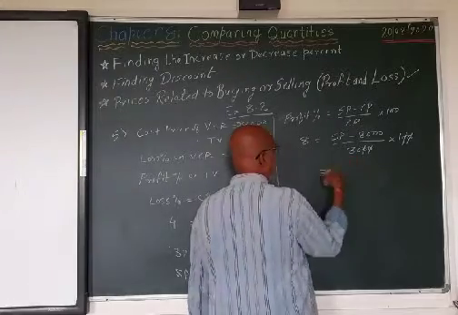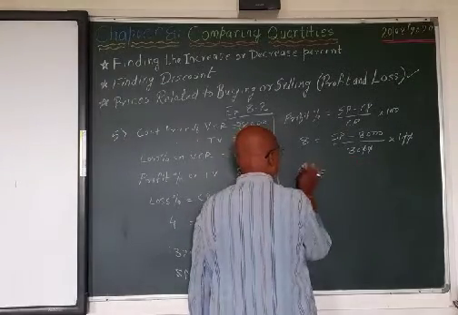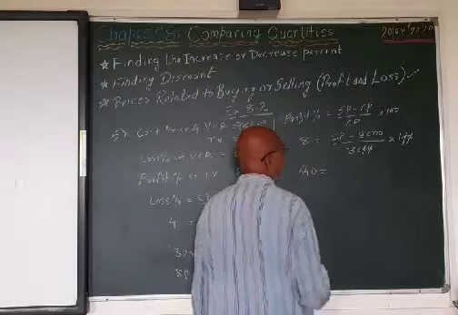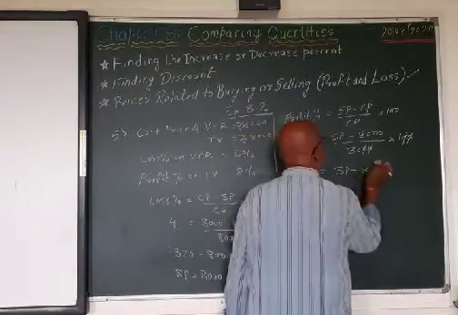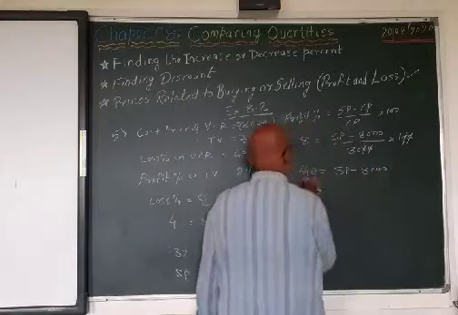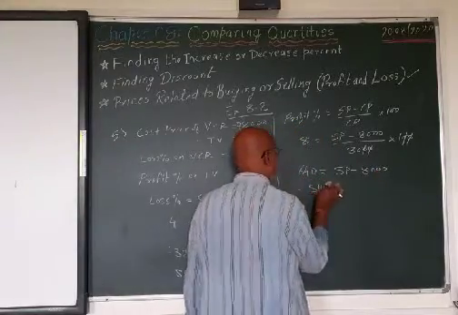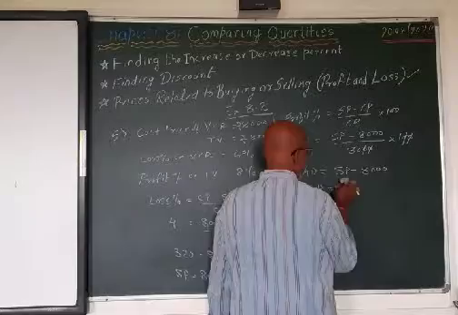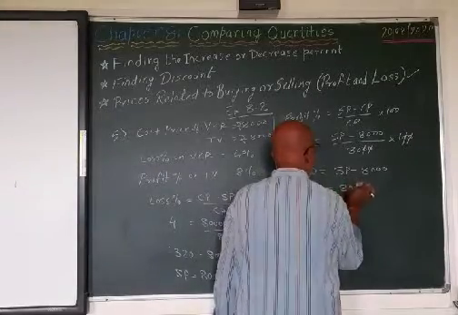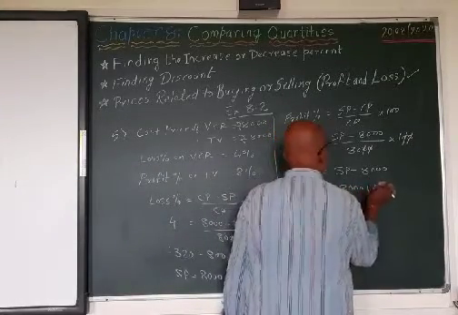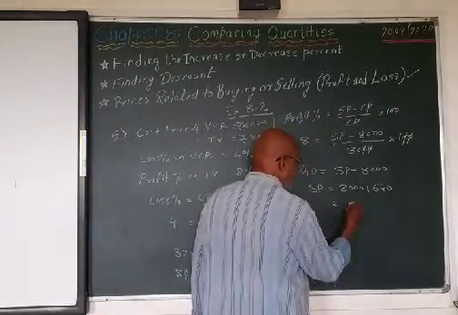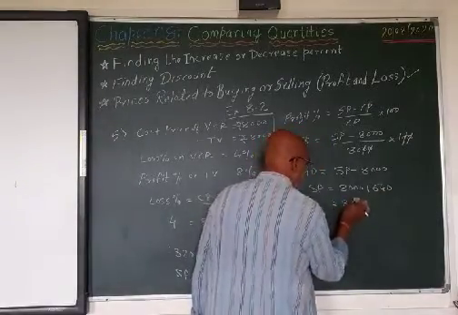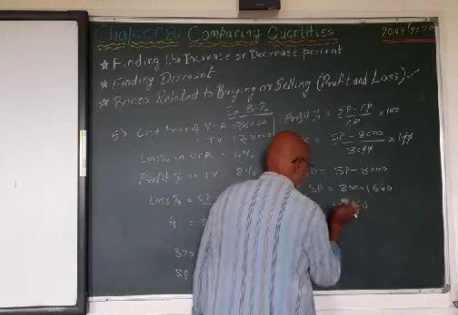Now 8 into 8, 64 means 640. You get on this side equal to SP minus 8,000. Therefore, SP equal to 8,000 plus 640 equal to 8,640.